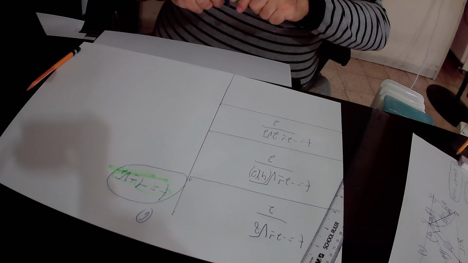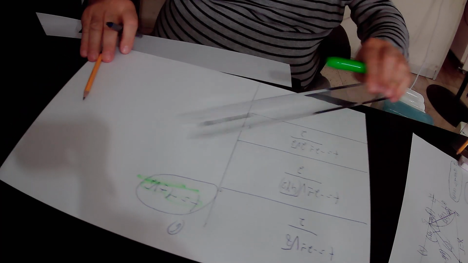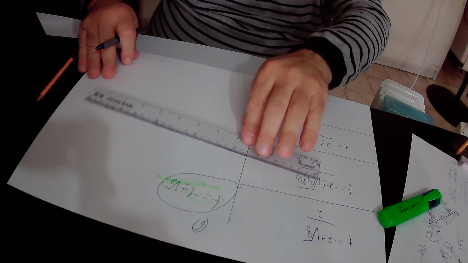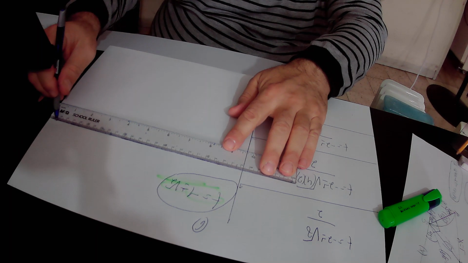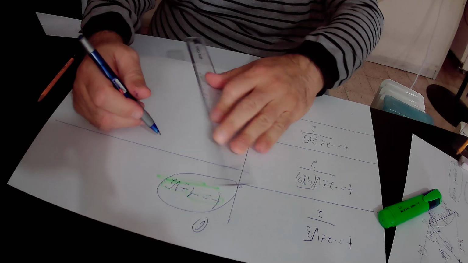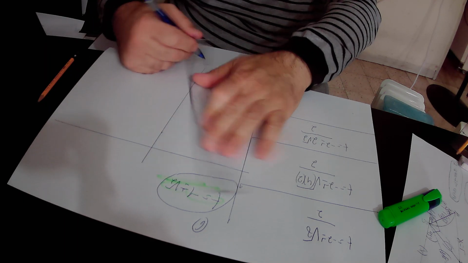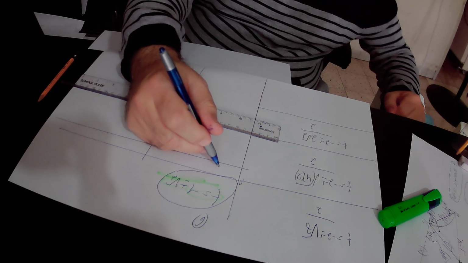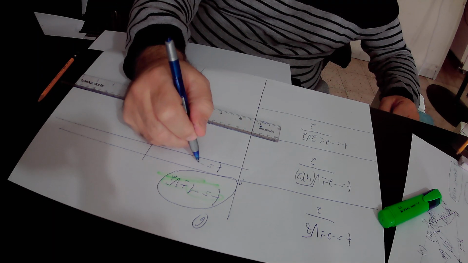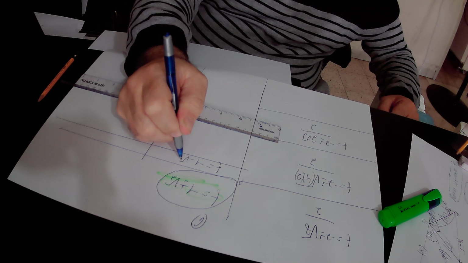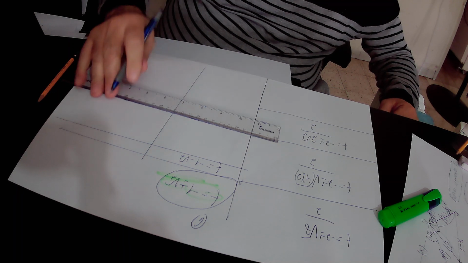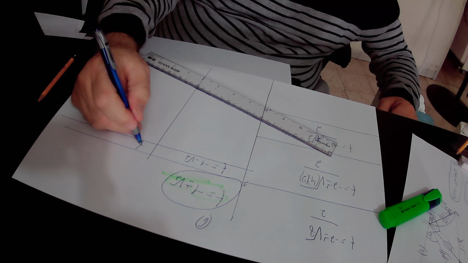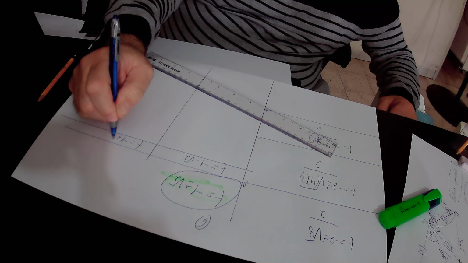So here we have two possible solutions for t. The first solution is that t equals minus 1 minus square root of 2. And the second possible solution is that t equals minus 1 plus square root of 2.